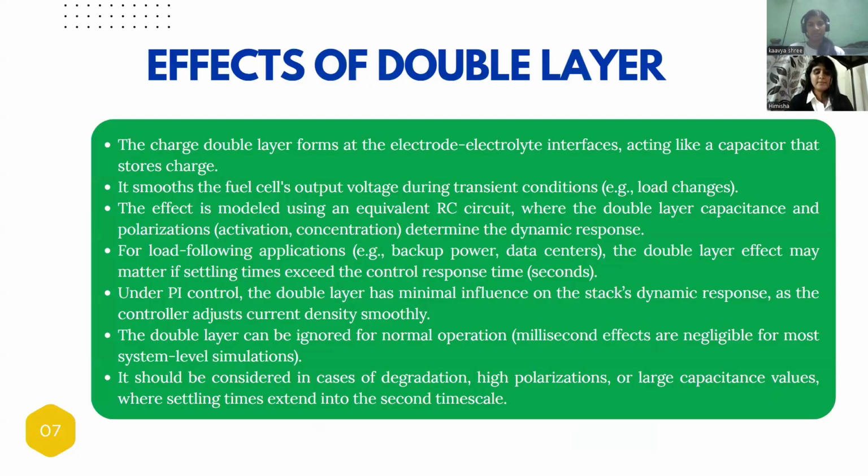Now, the effects of the double layer. A charged double layer is basically formed at the electrode and the electrolyte interface, and it acts like a capacitor which stores the charge. In load applications, the double layer can have effects if the settling time exceeds the control response time.